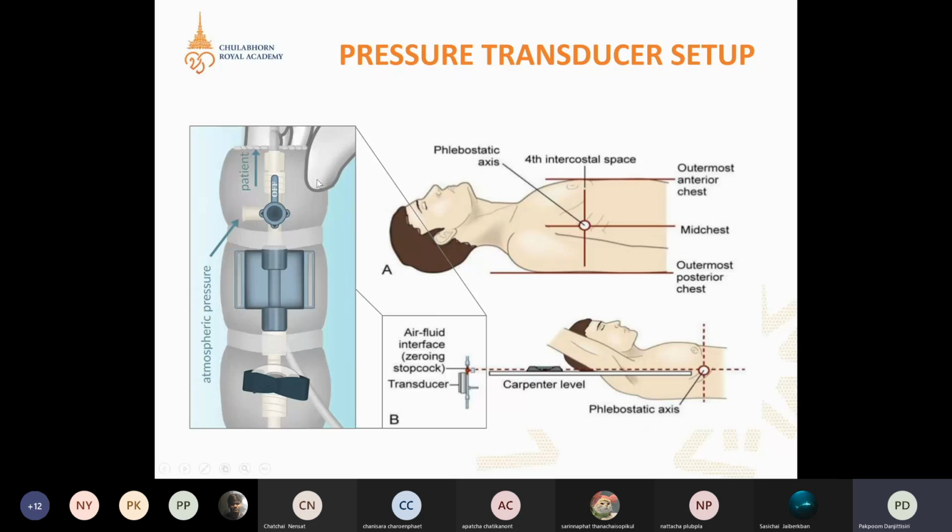Then you place the pressure transducer and make sure that the zeroing stopcock is at the mid chest, at the level of the anterior axillary line. We call this axis the phlebostatic axis, just like this picture.